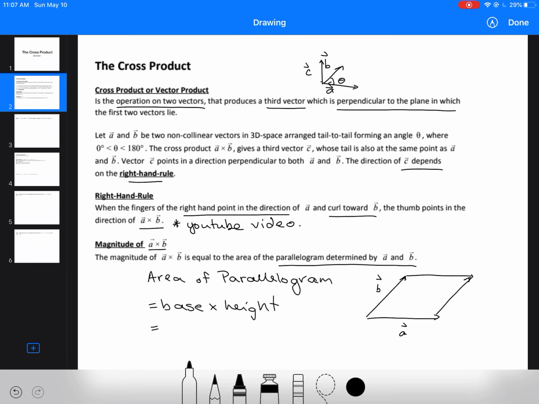And then this part right here, this would be my height. Now my base, as you can probably see, would be the magnitude of A, and my height would actually be B sine theta, using my primary trig ratios on this right-angled triangle that I've highlighted here.